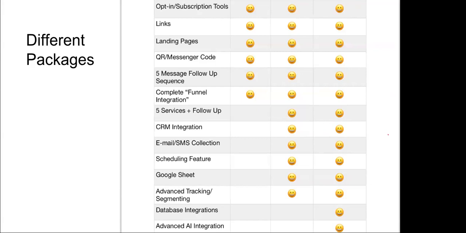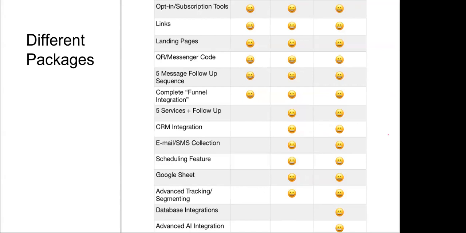You can include opt-in and subscription tools. You can include links to subscribe. You can create easy landing pages with a lot of the platforms. You can create scan codes. You can create follow-up sequences. You can integrate it with websites and a funnel, right? You can integrate it with a CRM and zap their information into other CRMs. You can collect their phone numbers and their emails.